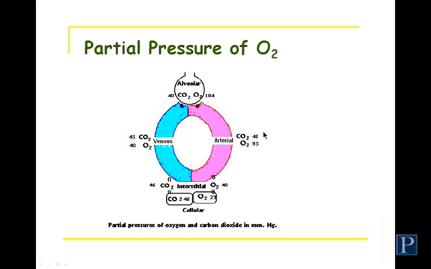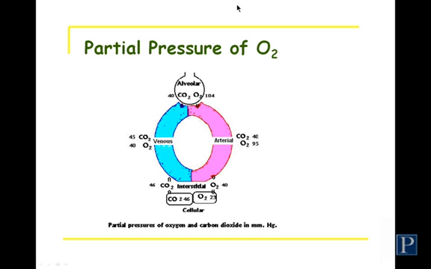Now you notice I didn't put the units throughout here, but it's all in millimeters of mercury. The oxygen will go from the alveoli into the blood because there will be a pressure gradient. The oxygen in the blood that's going up to the alveoli is only going to have a partial pressure of 40 millimeters of mercury.